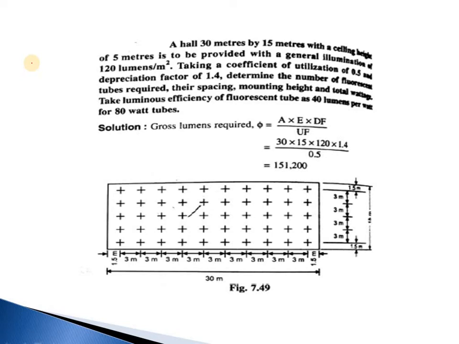So the gross lumen requirement is A into E into D, the depreciation factor, divided by the utilization factor, and from there we have calculated this one. Total lumens requirement is 151,200. And here our room size is 15 meters by 30 meters with a height of 5.